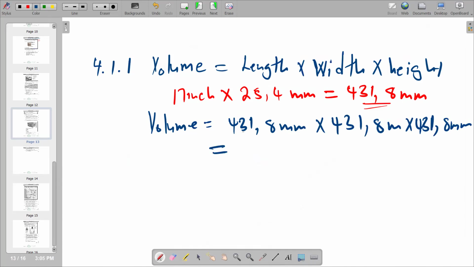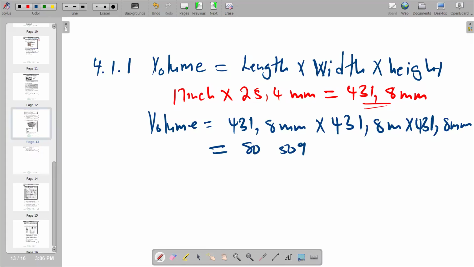You'll see your answer is 8,509,645.43 millimeter cubed.